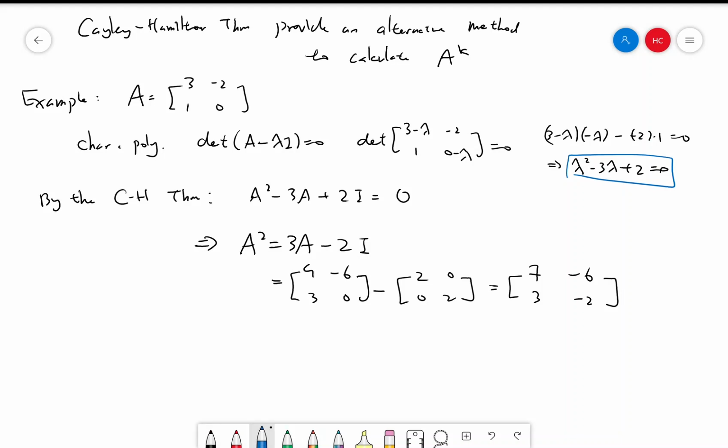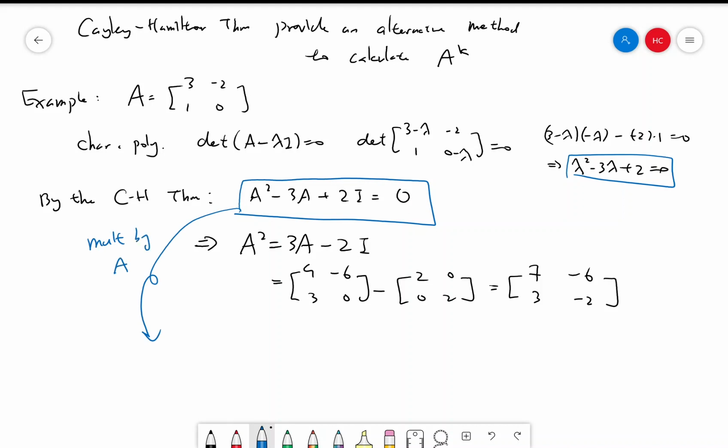And this can be generalized. If you multiply by A on both sides, then we get A cubed minus 3A squared plus 2A equal to 0, which tells you that A cubed is 3A squared minus 2A.